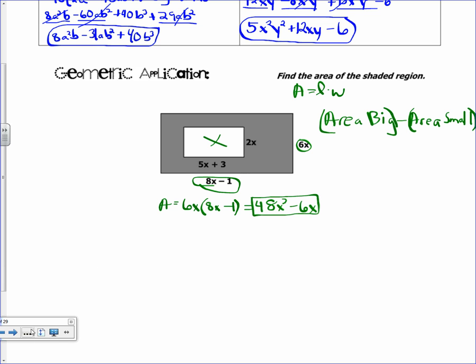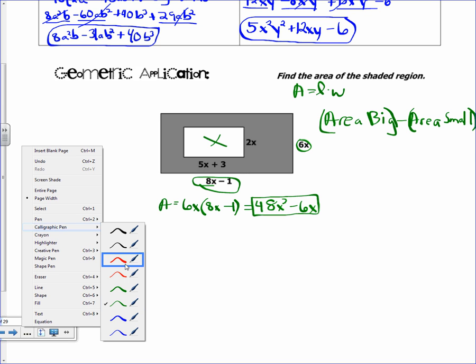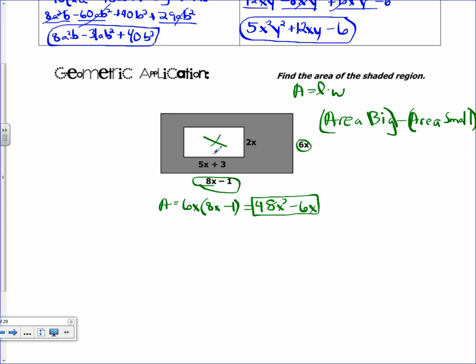Okay, how about we'll do a red for the small area. So we're going to need to multiply these two guys for the small area. 2x, and then 5x plus 3.